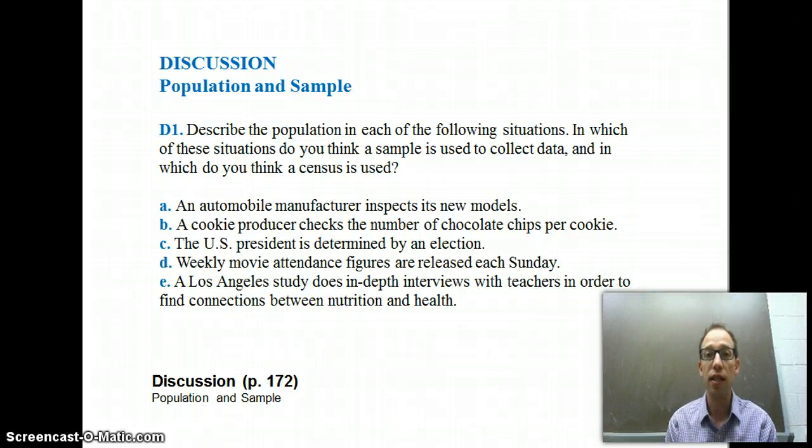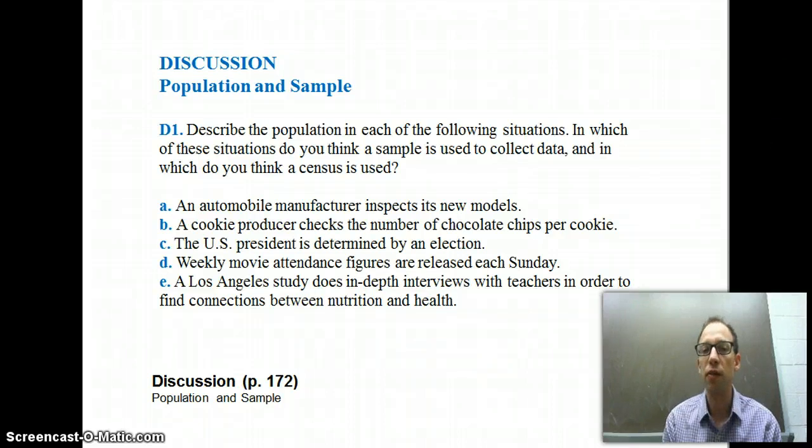A census is when we take everyone in the entire population, like in the United States, every 10 years we get data on the entire population, or at least most of it. A sample is when it's just not practical, in terms of time, money, or energy, to get the entire population, so we take a limited group, get the results for that group, and then extend it out to the population. Let me discuss that first one a little bit.